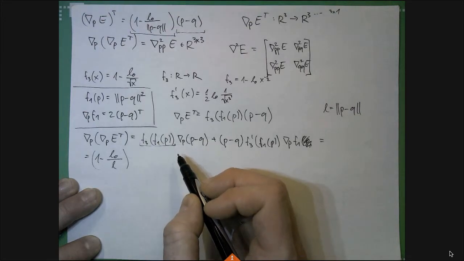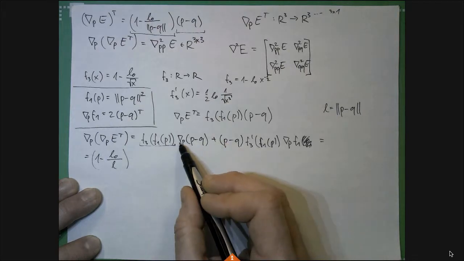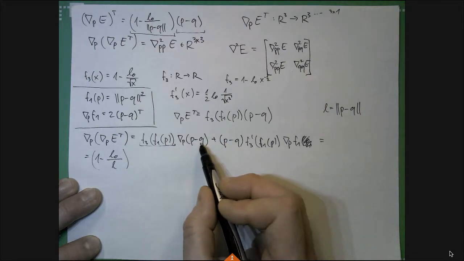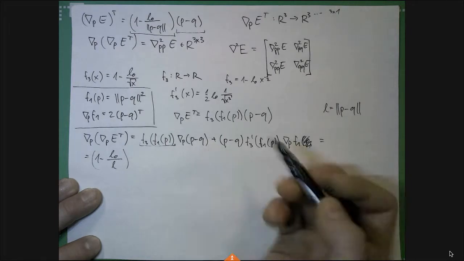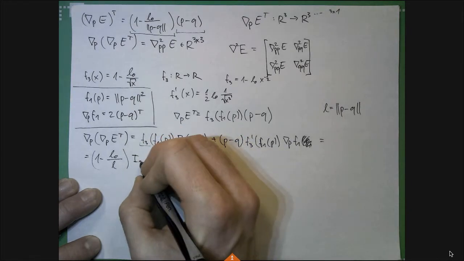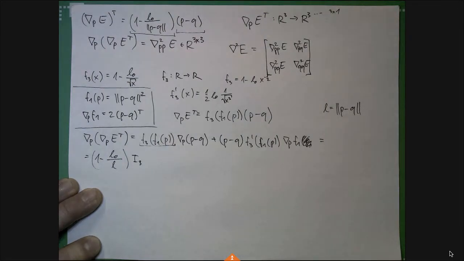Are you with me? And the gradient of P minus Q, that's what we had before. What was that? Identity, yeah. So I'll put there I3 to remind us that this is a 3 by 3 identity, okay?